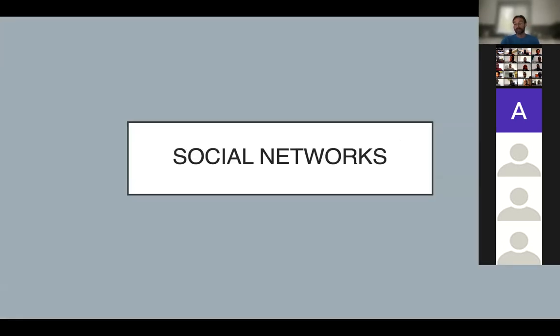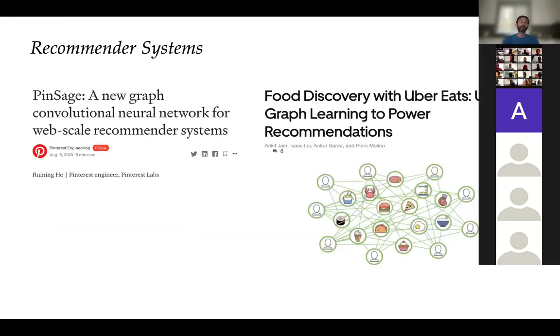So let me start with social networks. Maybe this is professional deformation because I work at Twitter, but in this domain, one of the key applications, of course, is recommender systems, right? This is how social network companies make money. They show you content, and they want you ideally to look at content that is most relevant and interesting for you.